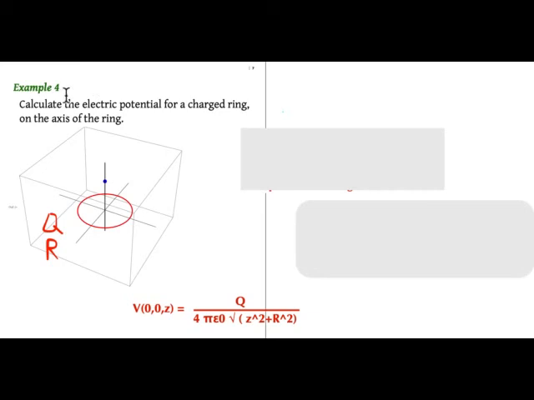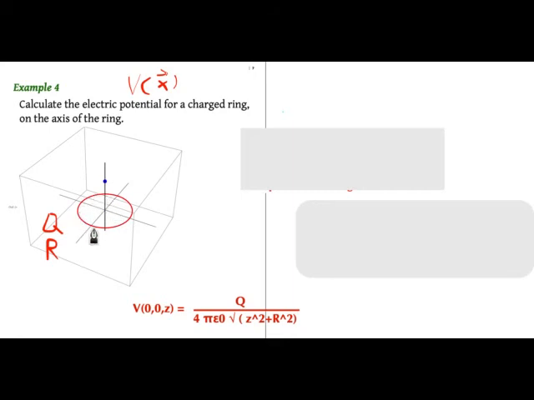Well, here's the fourth example. Again, calculate the electric potential as a function of position for a charged ring.